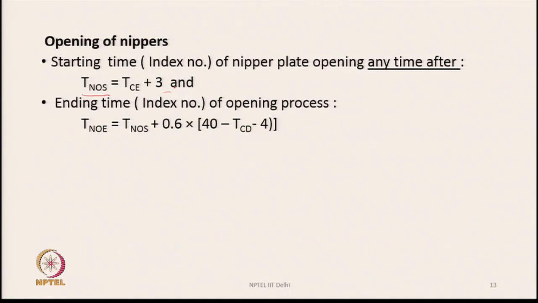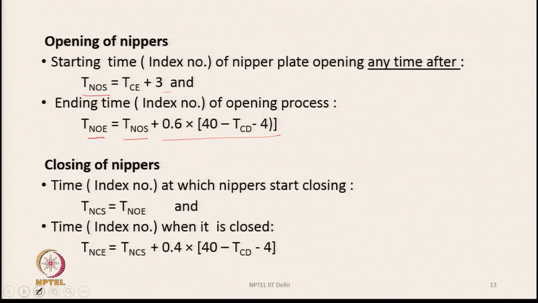This is just the allowance part. Similarly, ending time is going to be TNOE, it is going to be TNOS plus 0.6 into the duration which is available, that is 40 minus TCD minus 4, which I have seen earlier. We give 60:40 ratio, therefore, we multiply this timing by 0.6 in order to get the ending time.